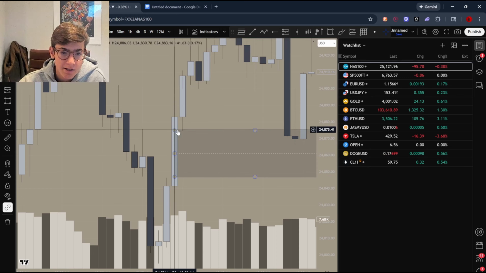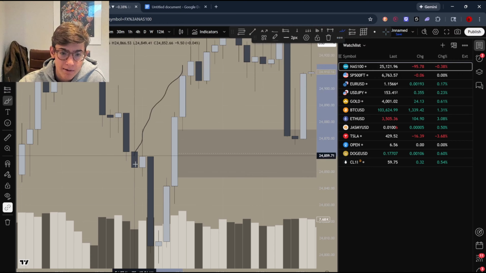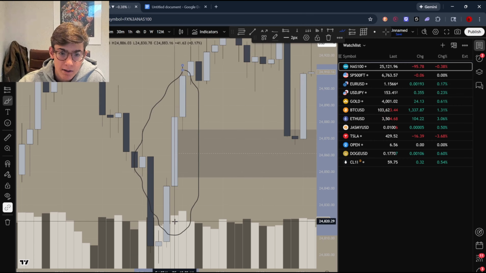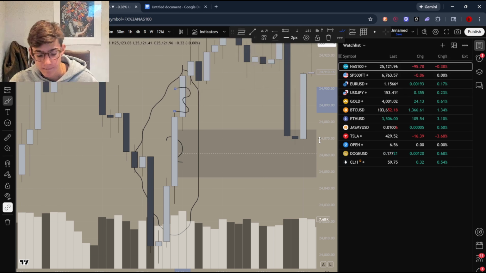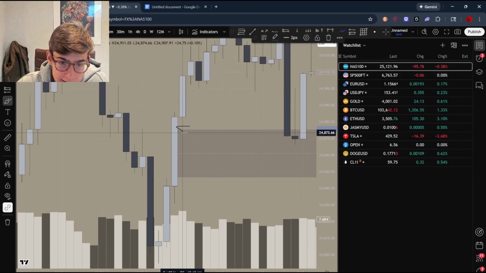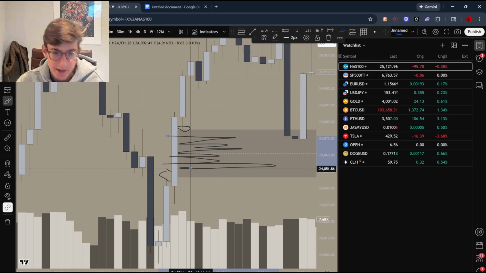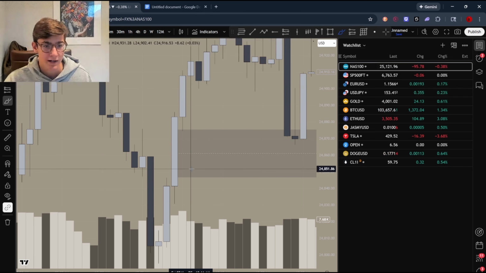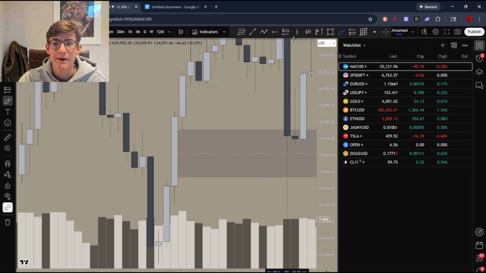These 3 candles, here's 1, here's 2, and here's 3. The wicks don't fully overlap this middle candle, which leaves a bunch of space, and in that blank space is where our fair value gap is.